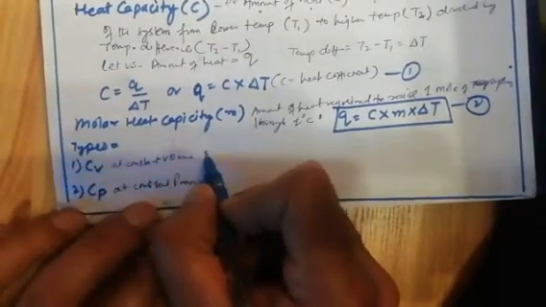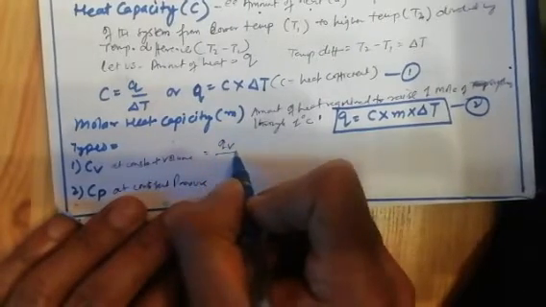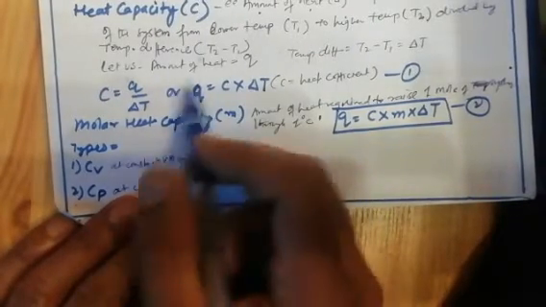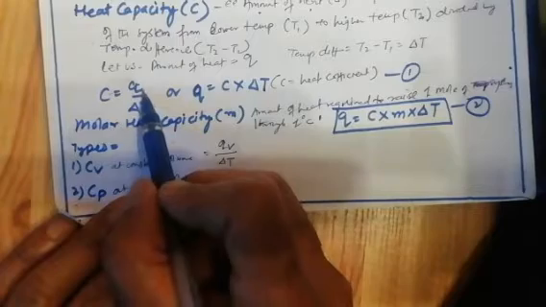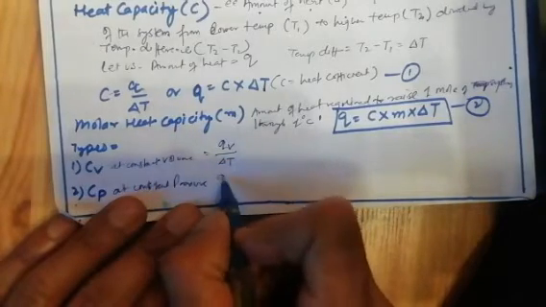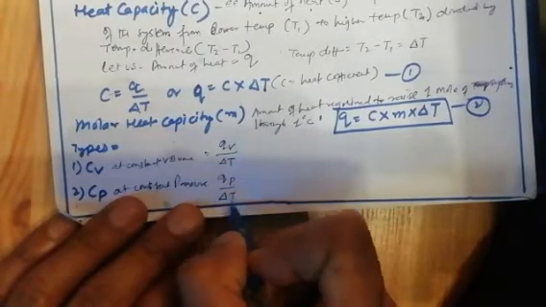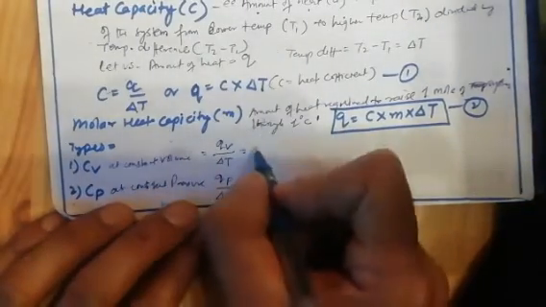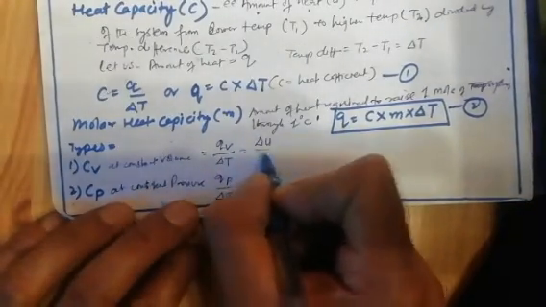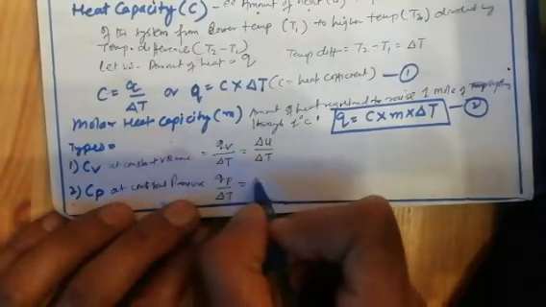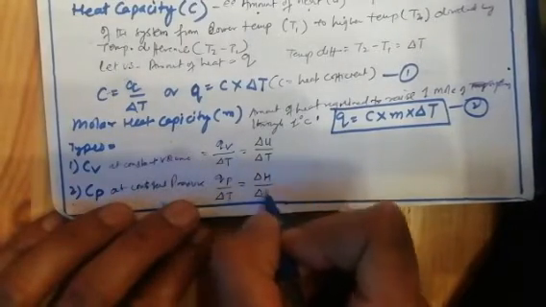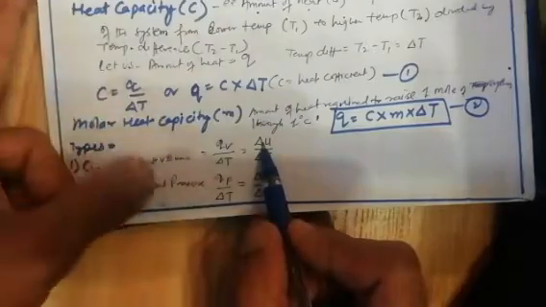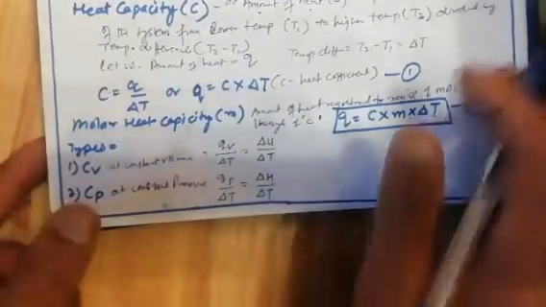In case of CV, that is QV upon delta T. Now Q upon delta T is there, so we will write QV upon delta T in case of volume, and QP upon delta T in case of pressure. And QV is written as delta U upon delta T, whereas QP is written as delta H upon delta T. Delta U is change in internal energy and delta H is change in enthalpy, which we are going to do today.